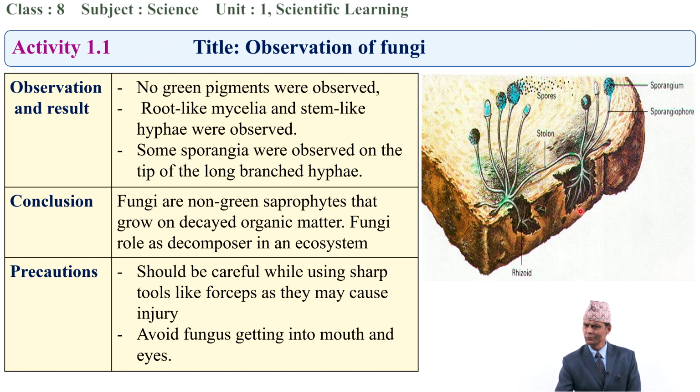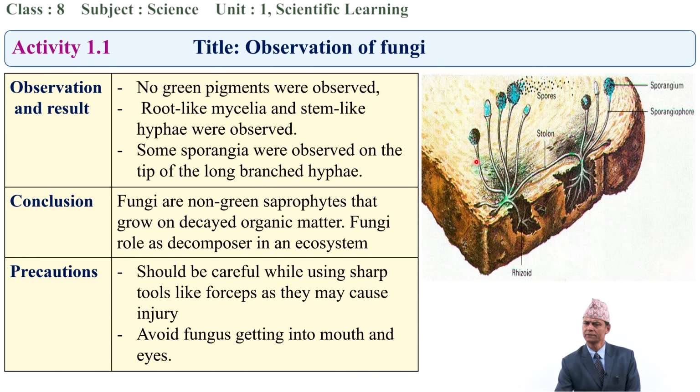This looks like a root, but these are not roots. These are root-like mycelia. Mycelium, the plural form is mycelia, and this stem-like structure is called hypha. In plural form it is called hyphae. So these are the observations, isn't it? And some sporangia were observed.